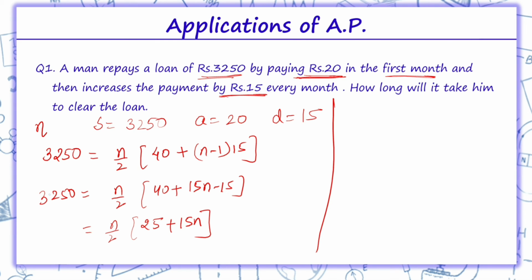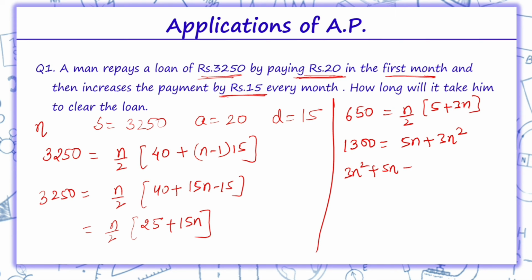So dividing it over here, 5 into 6, 30, 650. Over here we will get n by 2, 5 plus 3n. So cross multiplying, we will get over here 1300 equals 5n plus 3n square. So 3n square plus 5n minus 1300 is 0.